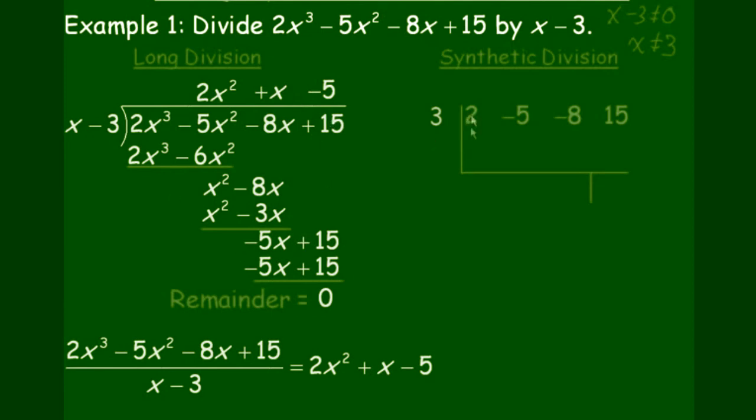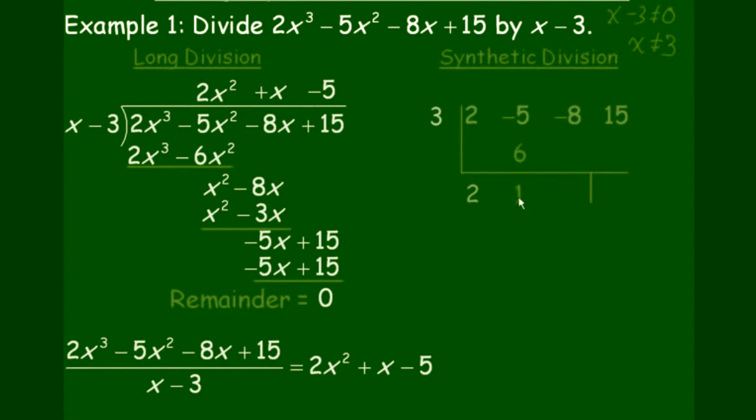To actually do this division, similar to here, you bring the first number down, no matter what it is, which is the 2. Bring the 2 down, and you go 3 times 2 is 6, so you put the 6 right here, and negative 5 and 6 is 1.